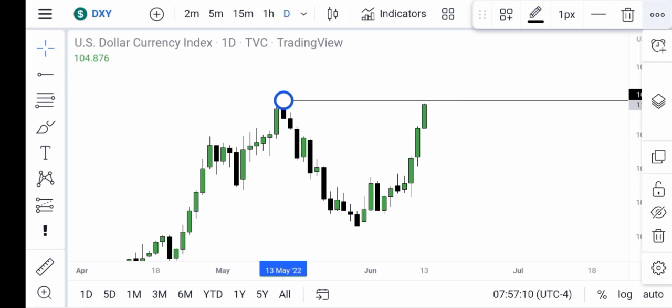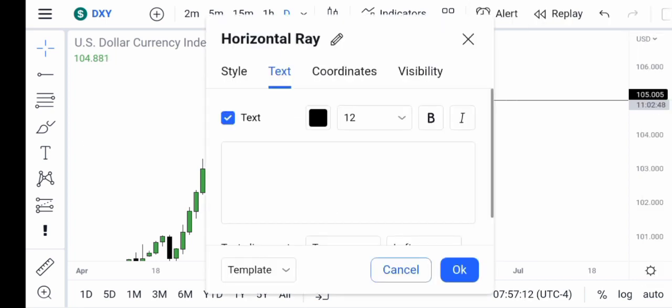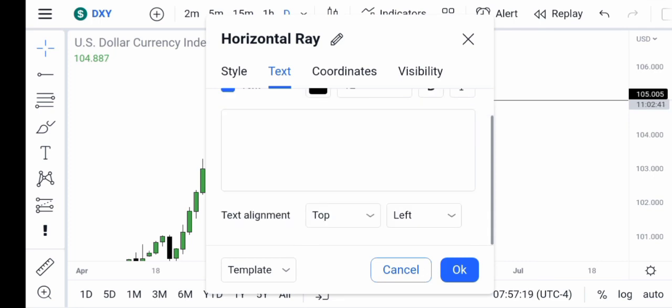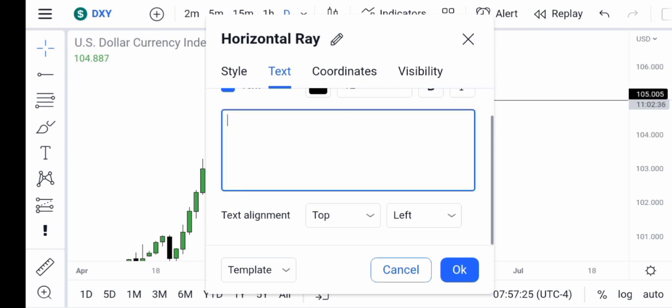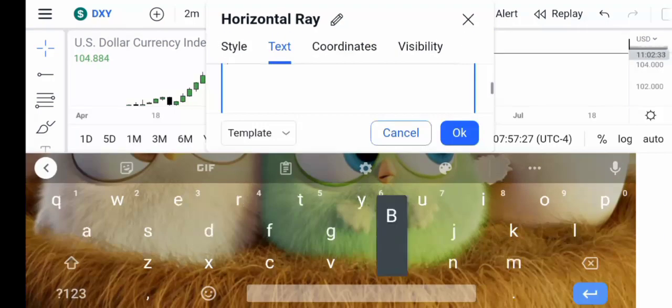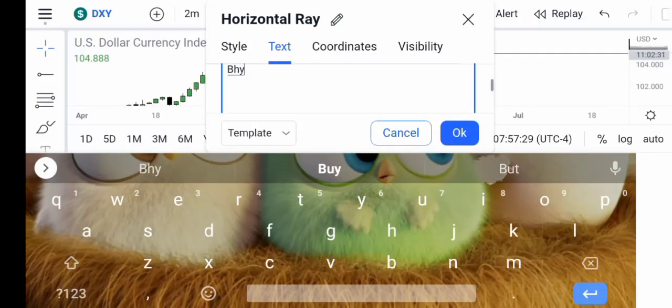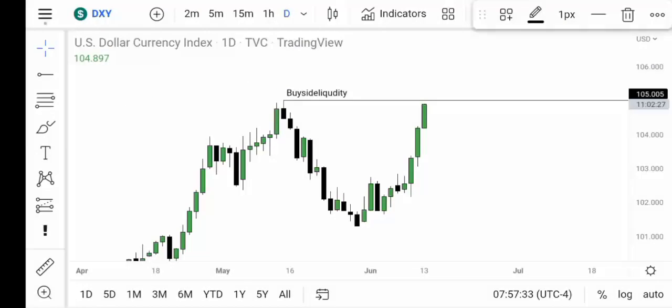Think top left. It is a buy side liquidity because it is a swing high.